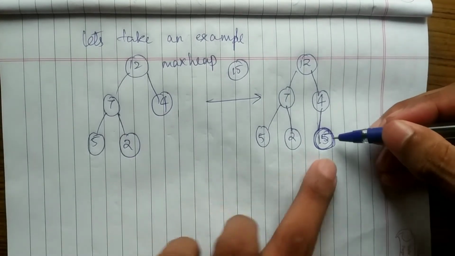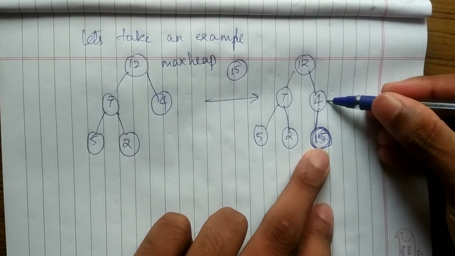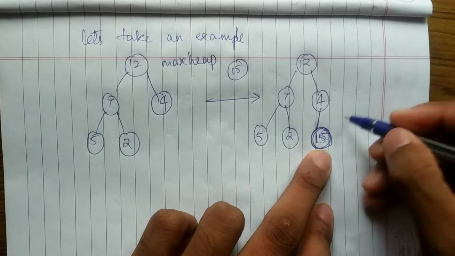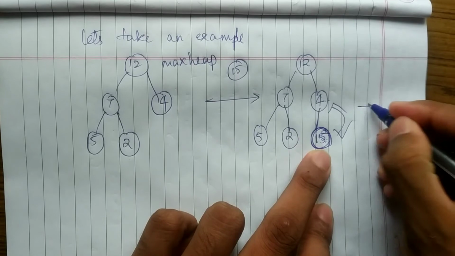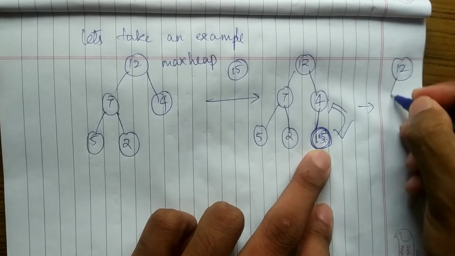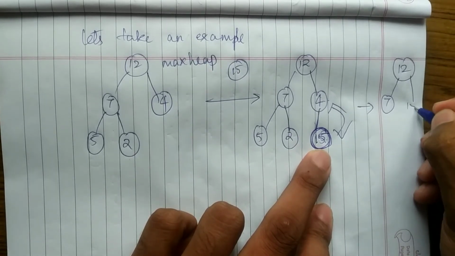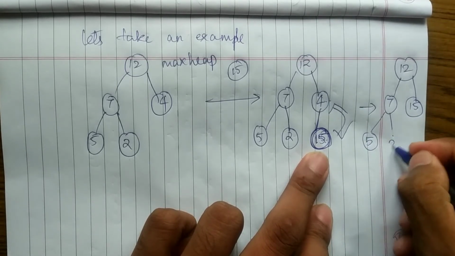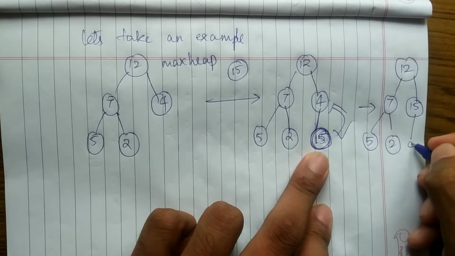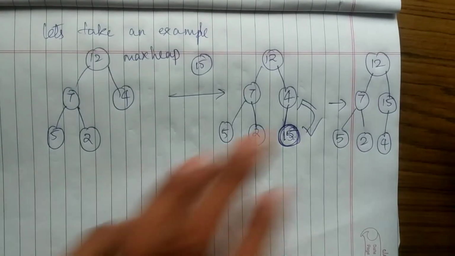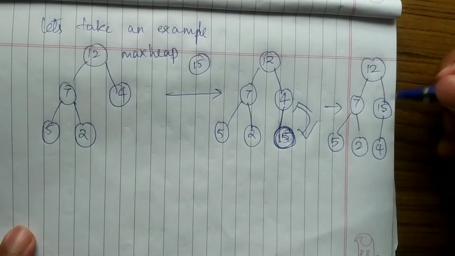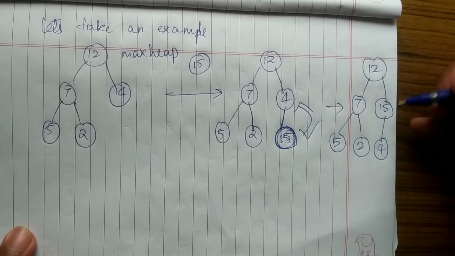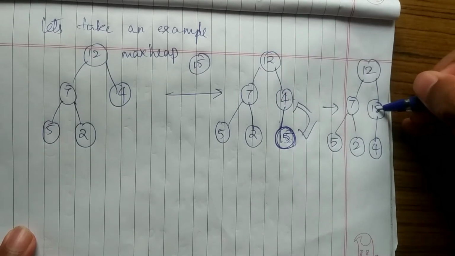So we will check this node with its parent element. As this is smaller than this, we should swap this. 12, 7, 15, 5, 2 and 4. So now again this node is smaller than its parent, but we should swap it so that this becomes greater than this.